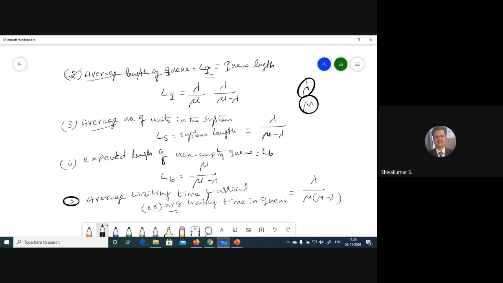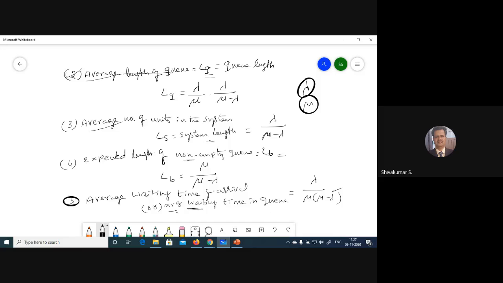The average number of units in the system, LS, is lambda by mu minus lambda. The non-empty queue, LB, is mu by mu minus lambda. The average waiting time in queue is given by lambda by mu into mu minus lambda. You have to remember these formulas only.